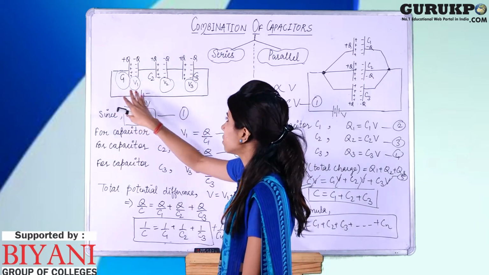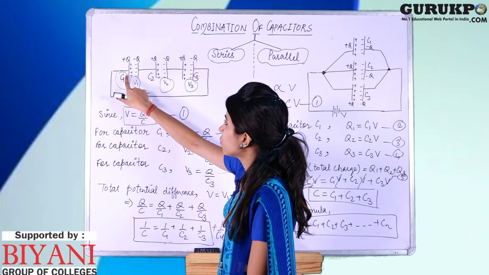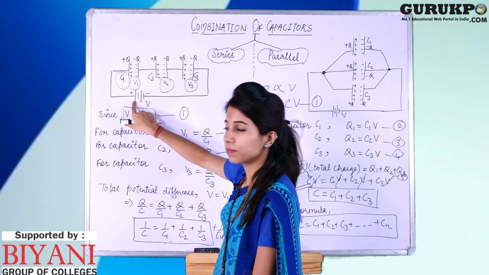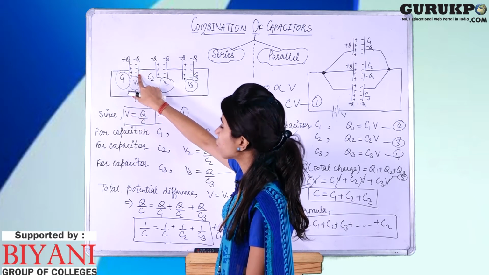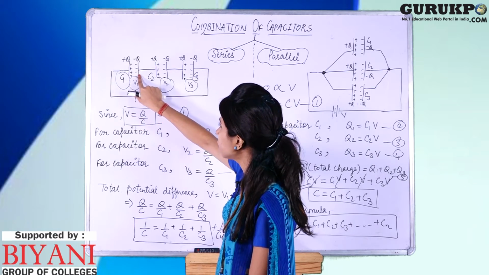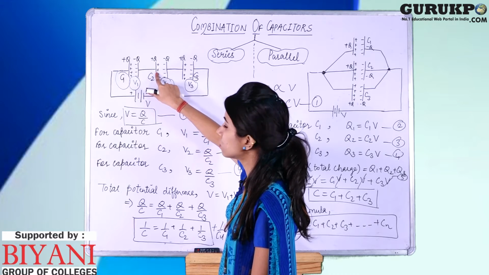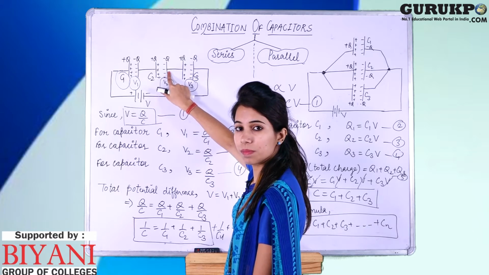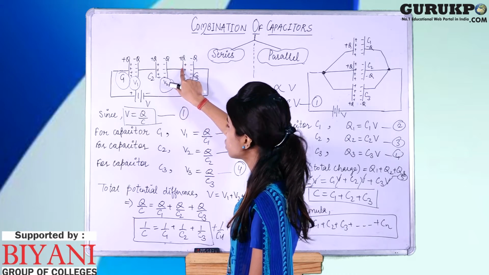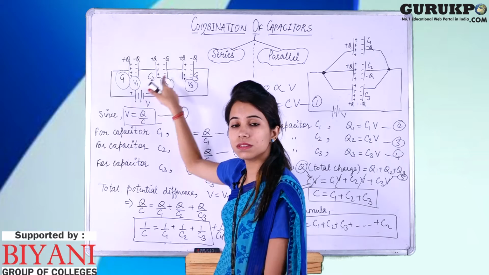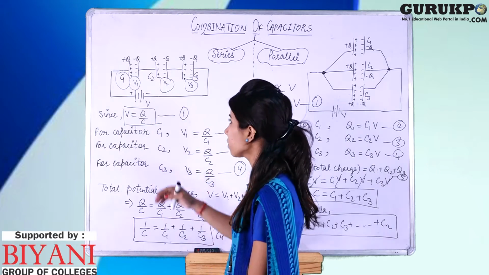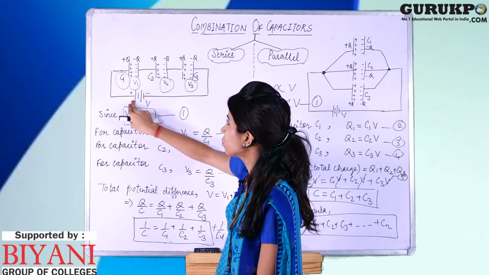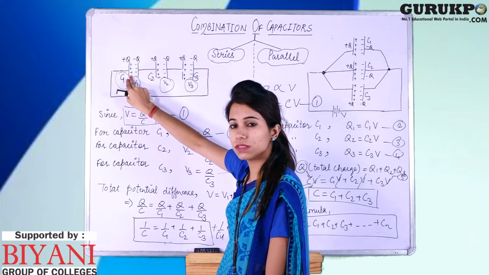Now if we see the diagram, we can see that the first plate of the first capacitor is connected to the battery, and the second plate of the first capacitor is connected to the first plate of the second capacitor. The second plate of the second capacitor is connected to the first plate of the third capacitor, and so on. Now plus Q charge will be supplied by the battery to the first plate of the first capacitor.